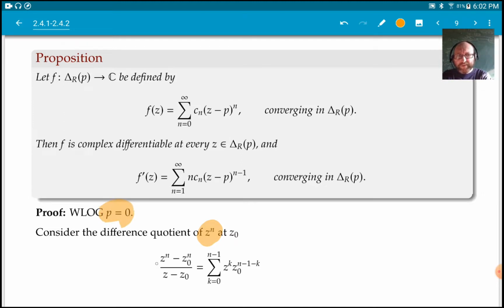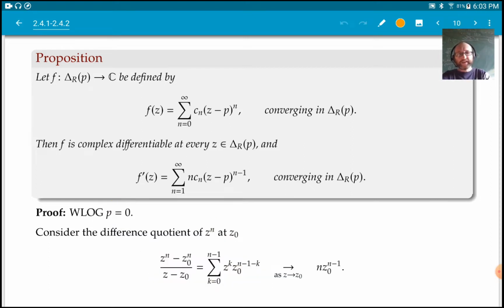If we look at the difference quotient of z to the n, this is just the geometric sum formula. I'll let you work out why that's true. The numerator over here is divisible by the denominator, so that's kind of cool. There is no denominator, it is just a polynomial.